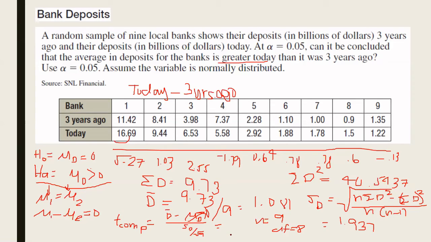So you have 1.081 divided by 1.937 over 3 because square root of 9.